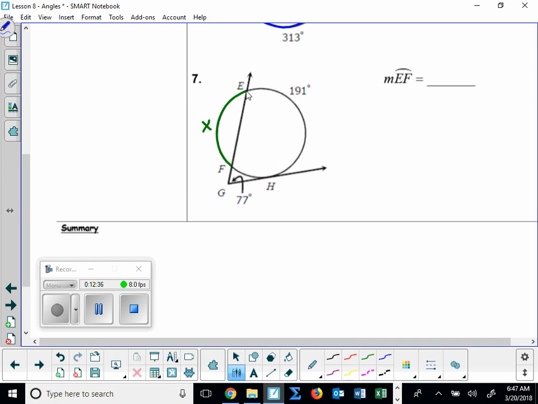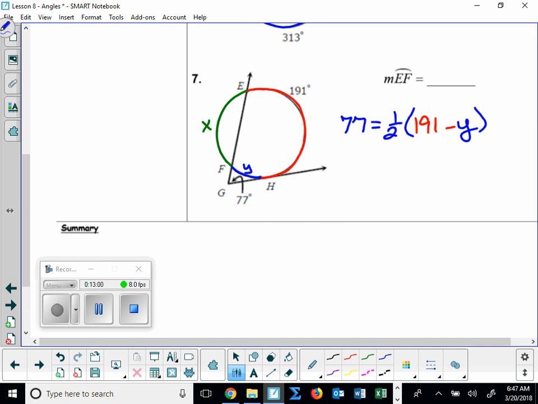Interesting. So we're missing this. I'm going to make this Y. Well, I can figure out Y. I know my exterior angle, 77 degrees, has to equal half the difference of the larger intercepted arc minus the smaller one.